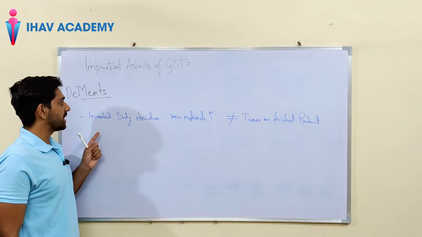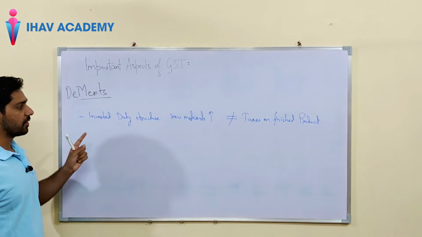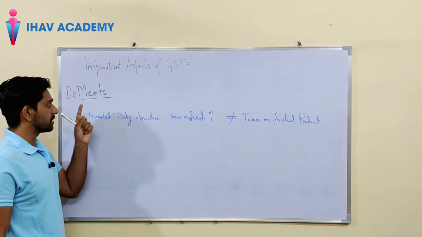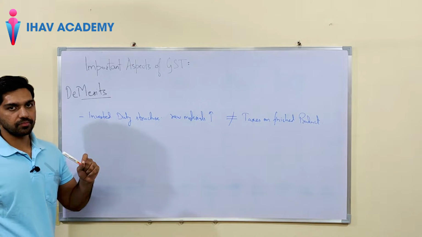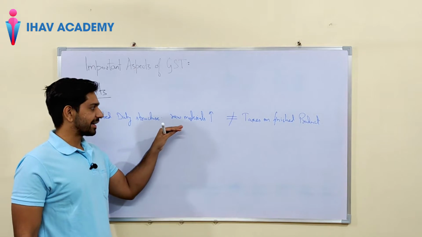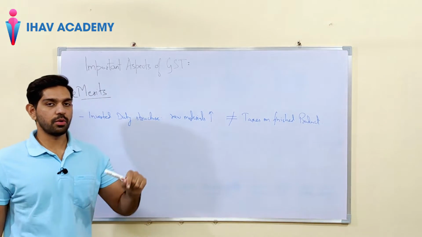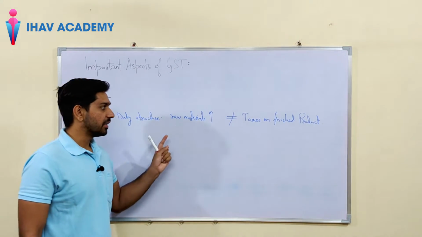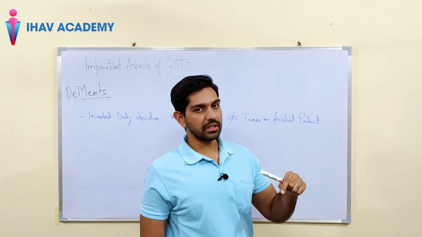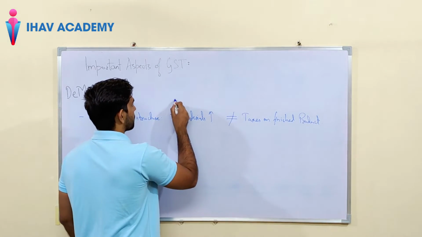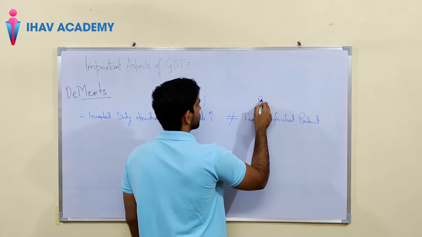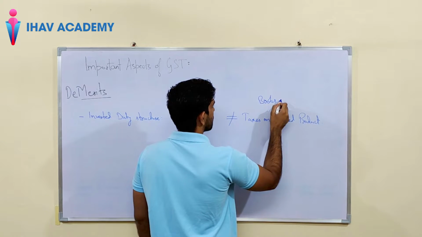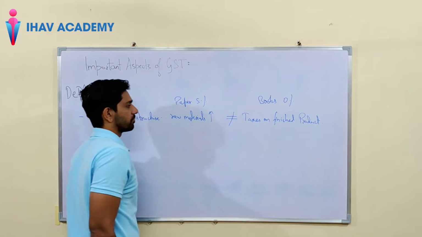But after the implementation of GST, a major flaw of this GST is the inverted duty tax structure. Understood? So it means that raw materials, the taxes on raw materials are higher and the taxes on the finished product is lower. It means paper taxes are 5%, books taxes are 0%.